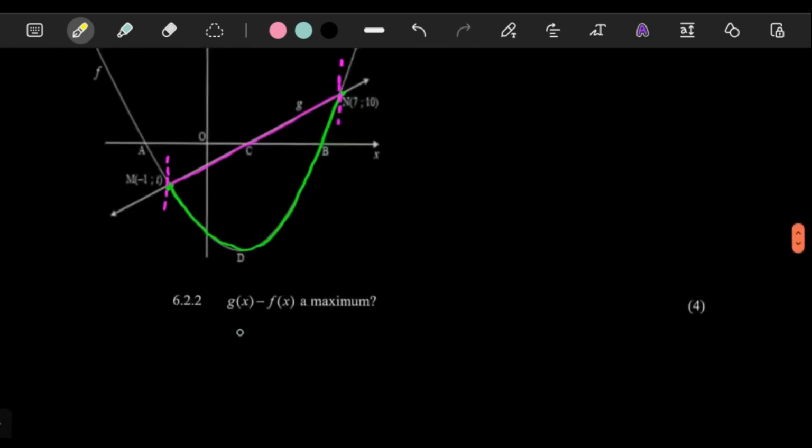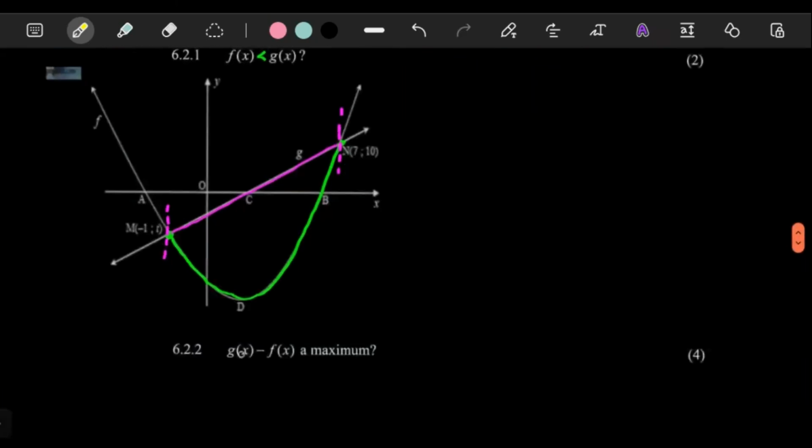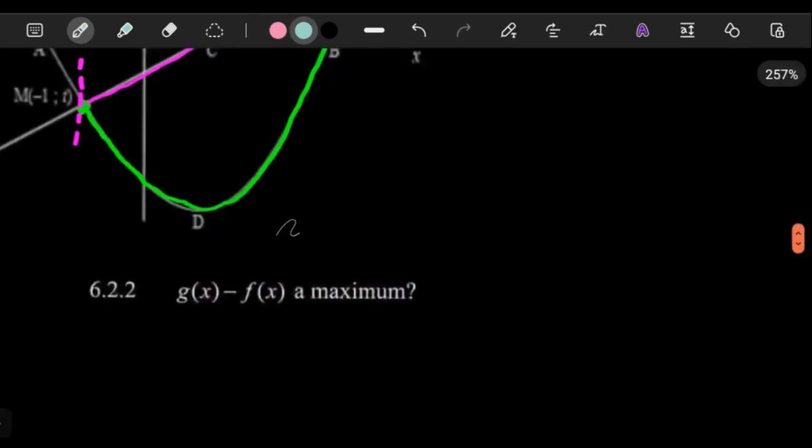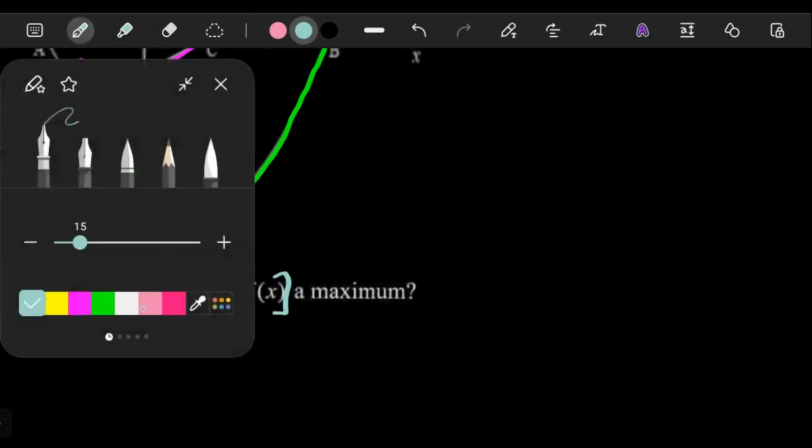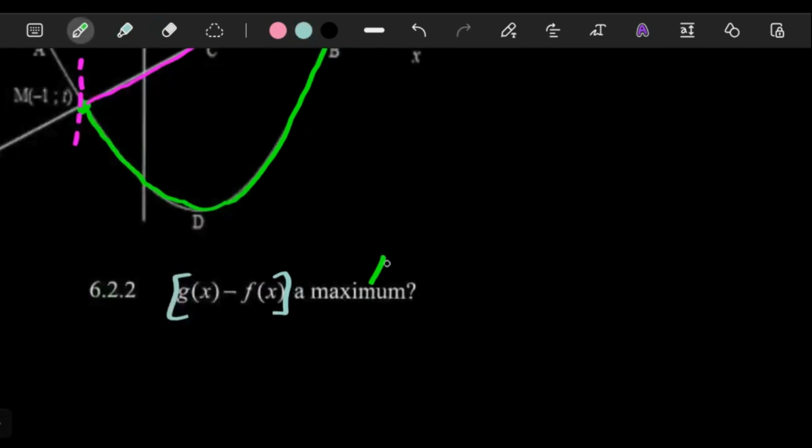The next one says, well, for each value of x is g of x minus f of x a maximum. So this is not a strange question. All you do is, remember, this here is an equation. Since they're asking whether that equation is a maximum, whatever this equation is, you're going to differentiate it and make it equal to 0.